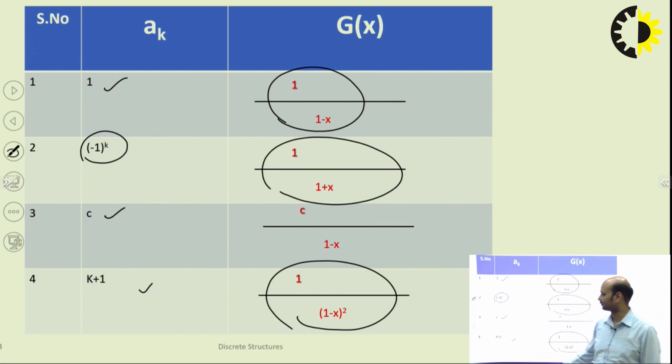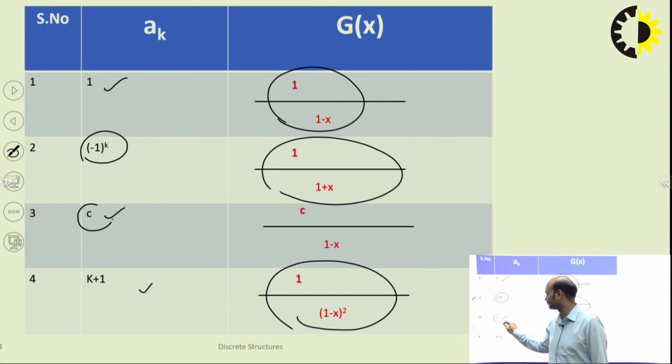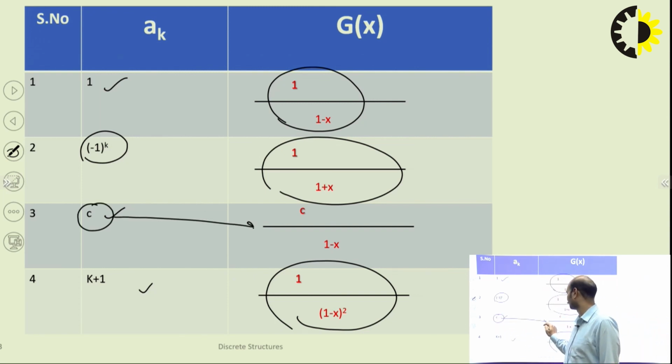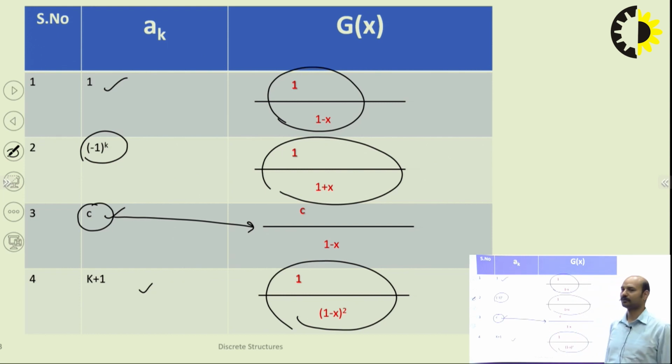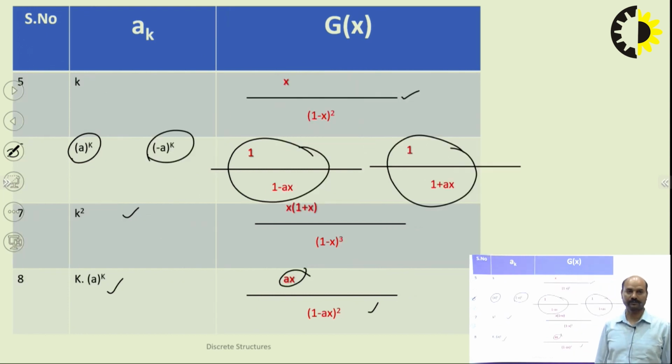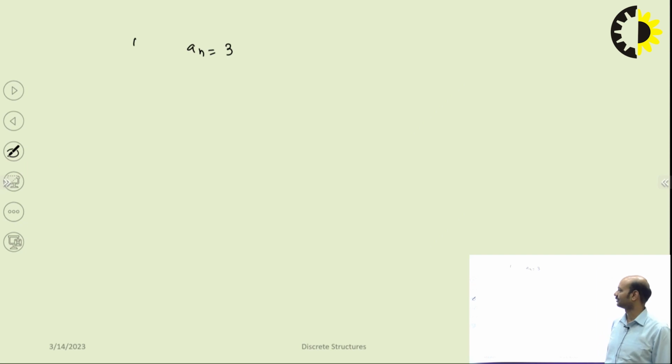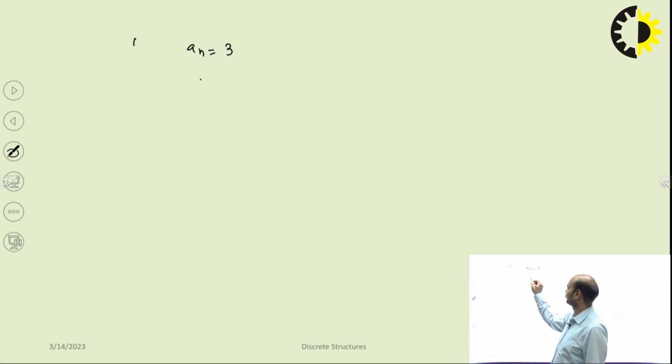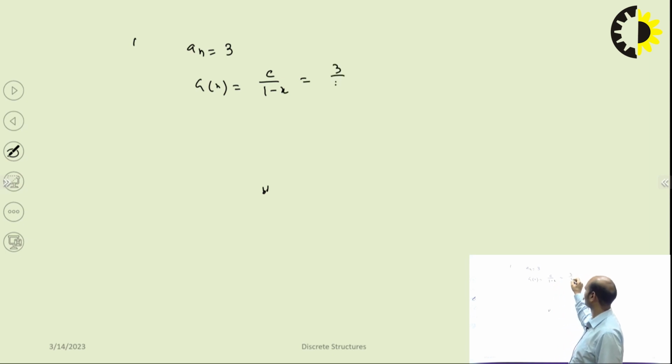Formula number 3: if a_n is equal to c, then we use this formula, c upon 1 minus x. So the solution of this recurrence relation is g(x) equal to c upon 1 minus x, that becomes 3 upon 1 minus x.